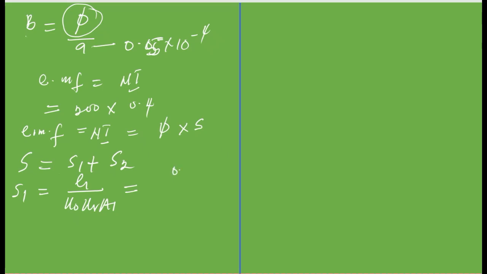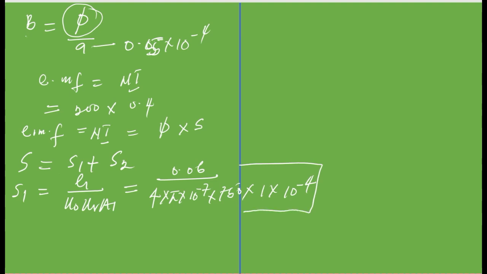So S1 is 0.06 over U0, which is 4 times pi times 10 raised to power minus 7, times UR, which has been given to be 750 in the question, times A. A is 1 times 10 raised to power minus 4. So S1, from my calculator, will be the same thing as 6.369 times 10 raised to power 5.